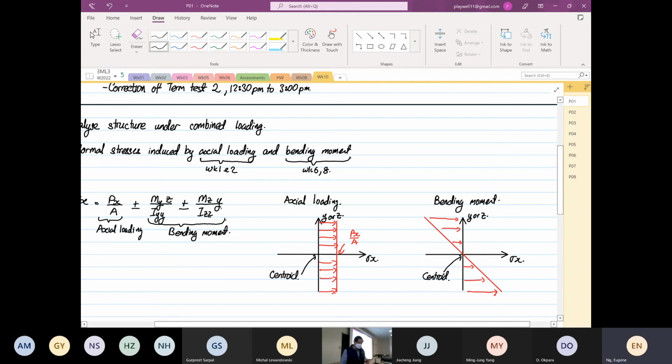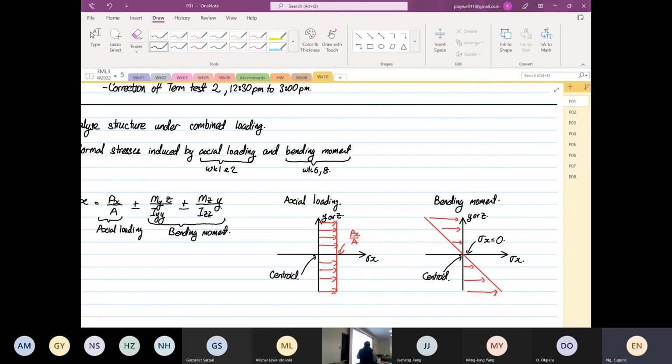What we realize from here is that for axial load, the loads are evenly distributed. Whereas for the bending moment, the maximum stress is furthest away from the centroid, and stress x is equal to 0 at the centroid.